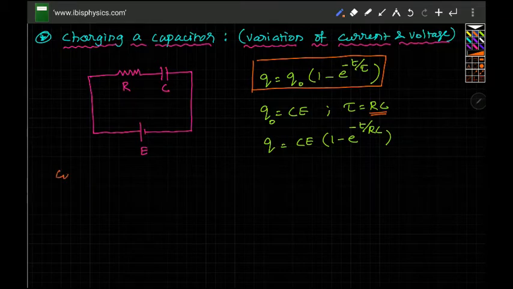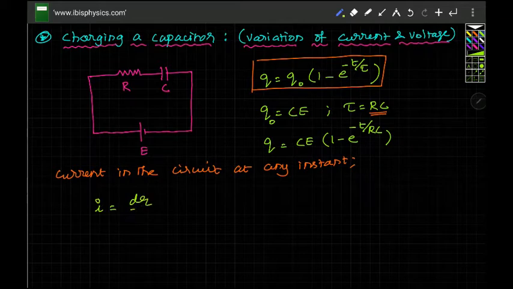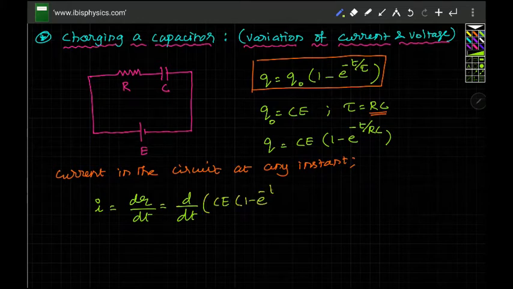So let us write the current in the circuit at any instant. That is, I is equal to dq by dt, or d by dt of the q value, which is CE into 1 minus e power minus t by RC.